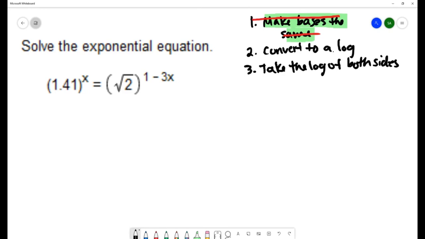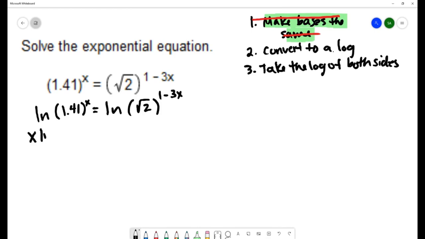In that first one, we'll take the log of both sides. We're going to do natural log on the left and natural log on the right. And then we're going to use the power rule for logarithms.